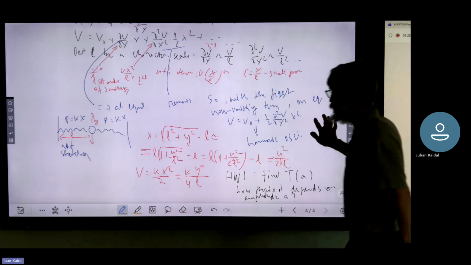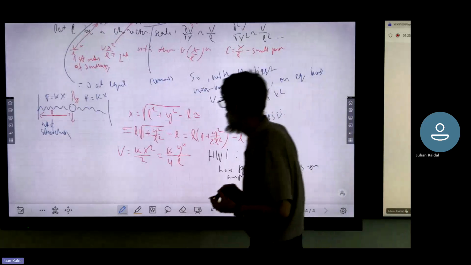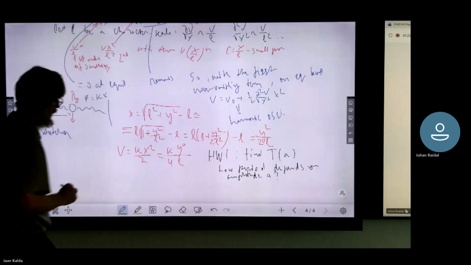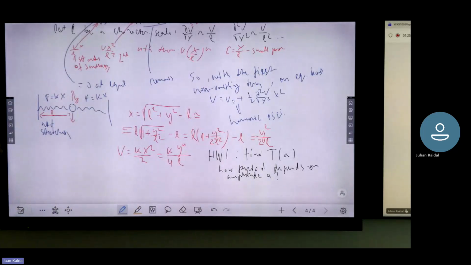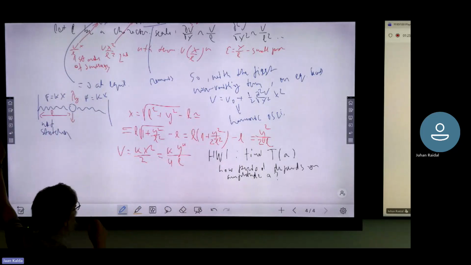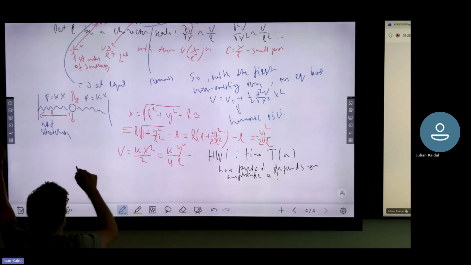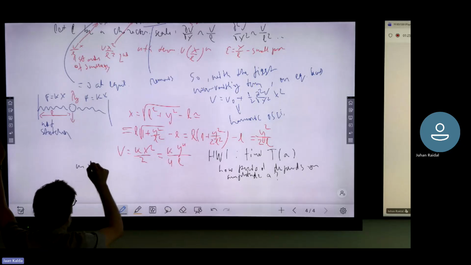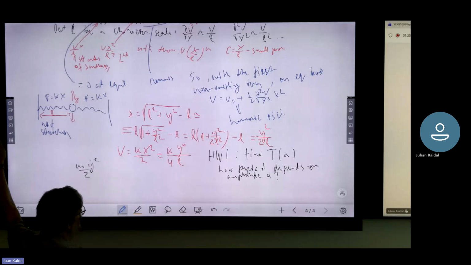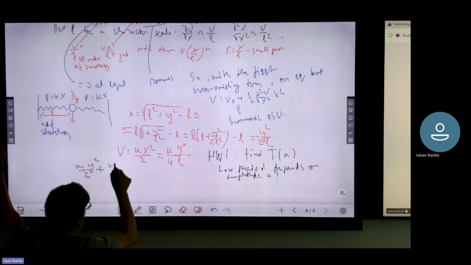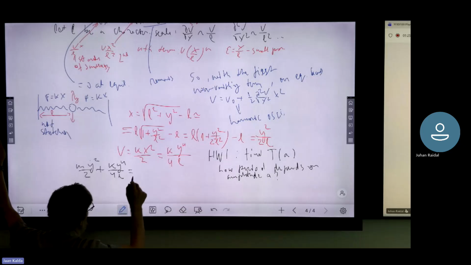Basically, I can sketch how you solve it. You take the total energy, which is conserved, right? So we have m y dot squared divided by 2 plus k y to the fourth over 4L is a constant.